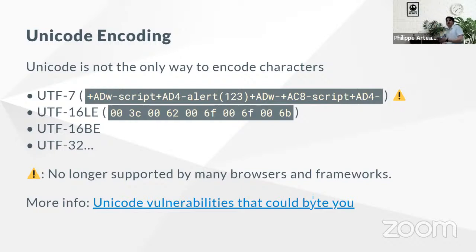So the particularity with UTF-16 is that you need to place what is called a BOM, or byte order mark. So this is the first 2 bytes or 3 bytes, I'm not sure. That will define what encoding is being used. Most applications will be using UTF-8 by default, but if you specify those specific markers, then you'll be able to encode it in UTF-16, LE or BE.